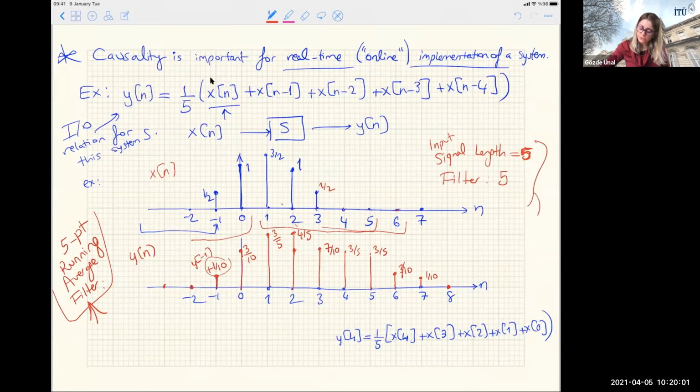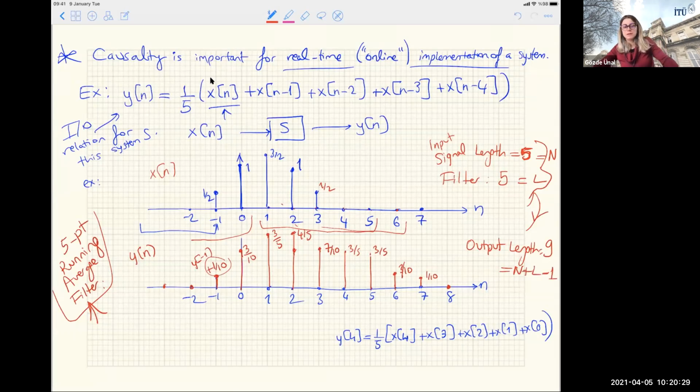We know what the output length should be. So let's call the input length N and the filter length M. So this is really N plus M minus 1. Or I think we typically call the filter length L. So let's call it L. Use these numbers to find N plus L minus 1.